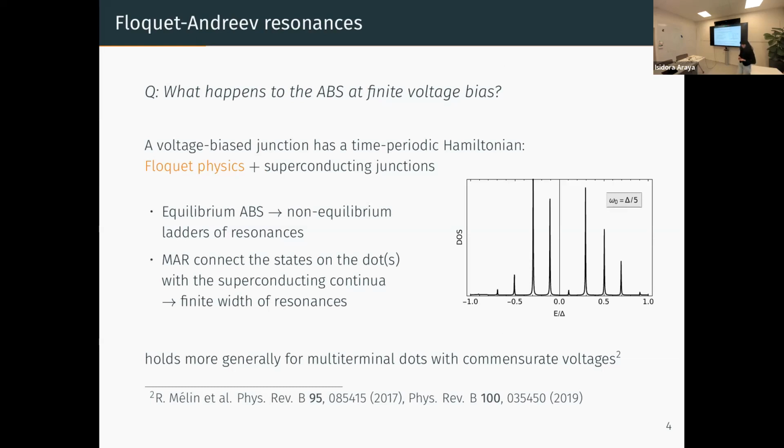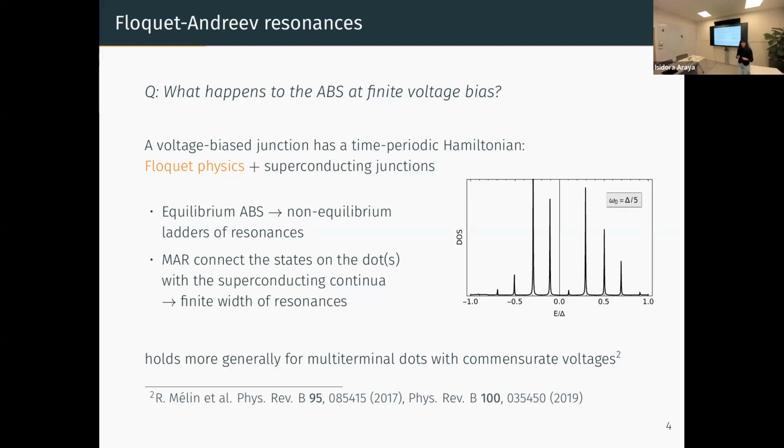So one of the questions one could ask is, okay, we have a voltage biased system. What happens to the discrete levels we had before? What happens to the Andreev bound states at finite voltage? So this is work that has been done before by my supervisor and collaborators.